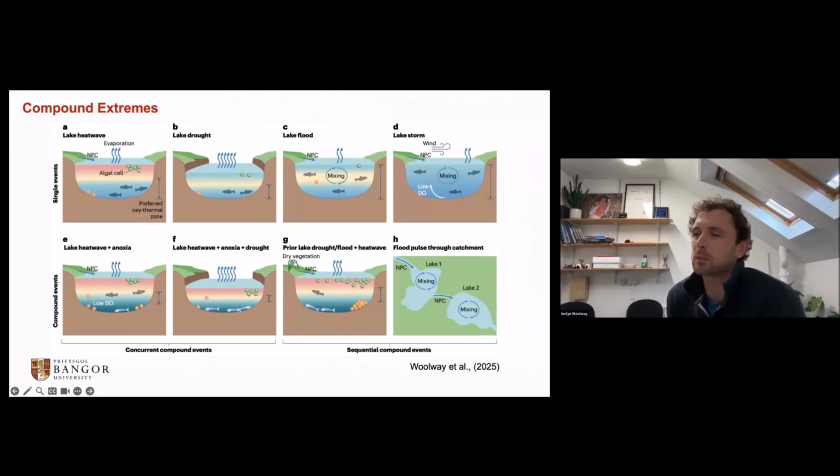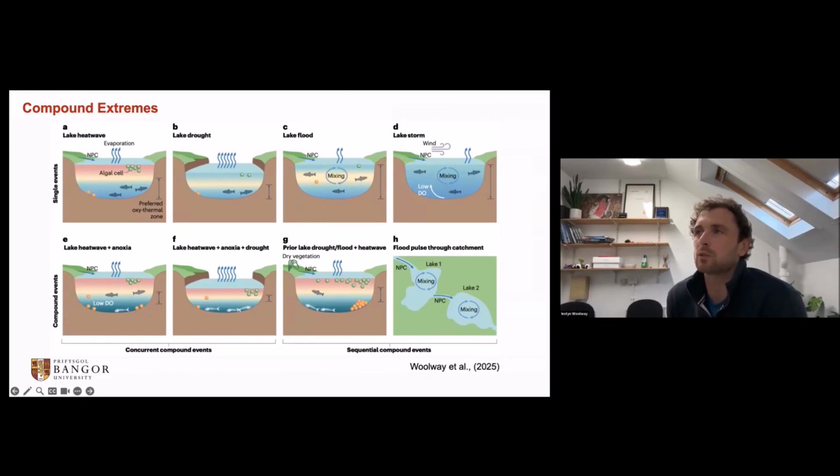So I'm not going to go into too much detail about this, but a few examples of compound events include when a lake heat wave at the surface happens at the same time as deoxygenation in deep water. So this means that a lake surface will experience thermal stress, whilst the bottom waters will experience oxygen stress. Panel F shows the combined influence of heat waves, anoxia, and drought.